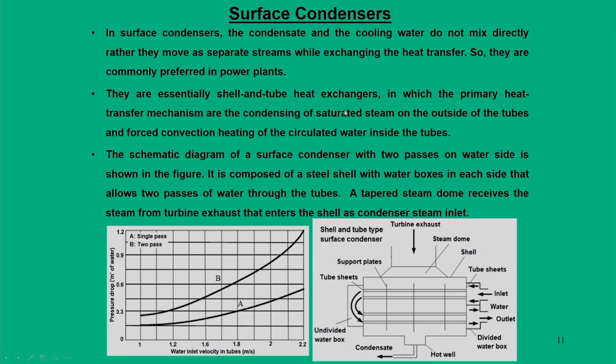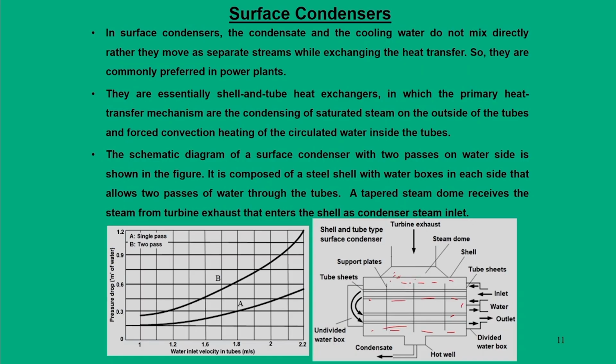Here we see that there is a shell. The shell contains the steam dome, and in the entire unit we have the steam, but the water enters the condenser through multiple tube sheets, and through this process the heat transfer takes place.